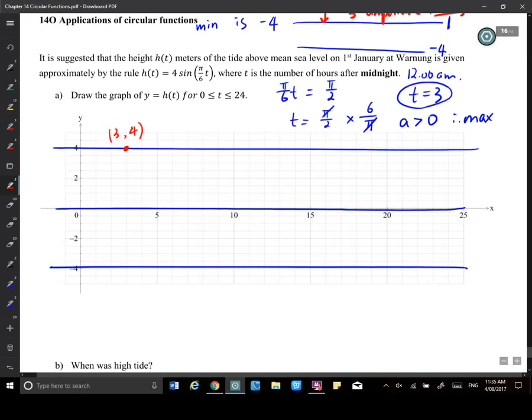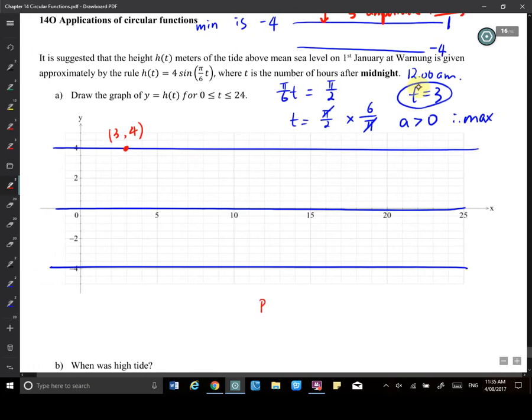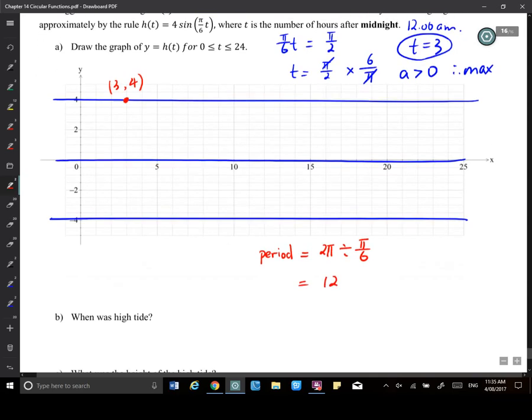Now think about the period. Period equals 2 pi divided by pi on 6, which equals 12. The step equals 12 divided by 4, which equals 3.